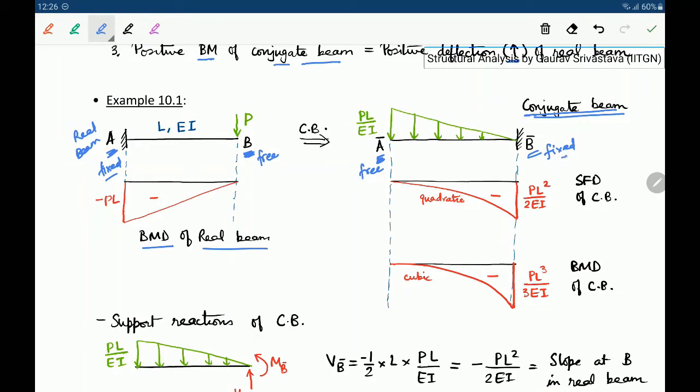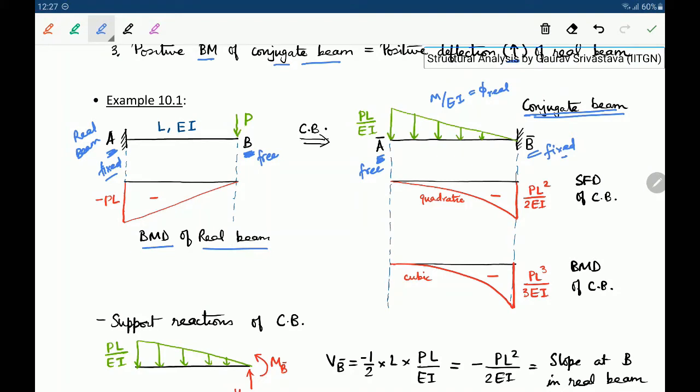And then we apply the load intensity to be the M by EI, or the curvature diagram of the real beam. Since this is negative, we apply it in the downward direction. So basically this is a triangular load with the peak at PL by EI, applied in the downwards direction.